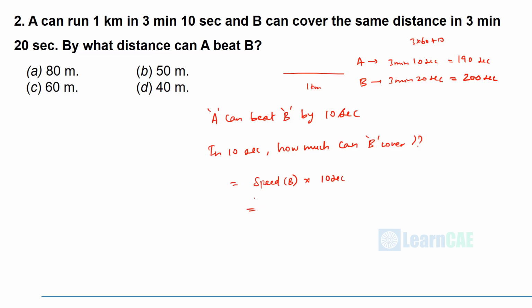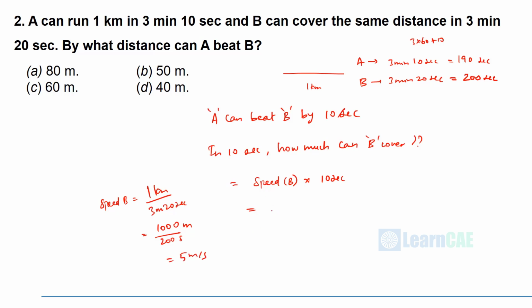Speed of B is nothing but 1 kilometer divided by 3 minutes 20 seconds. We shall convert all the values to meter and seconds. This will be 1000 divided by 3 into 60 plus 20, which is 200 seconds. This is equal to 5 meter per second.